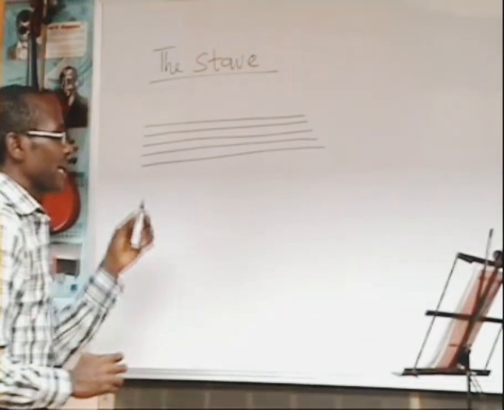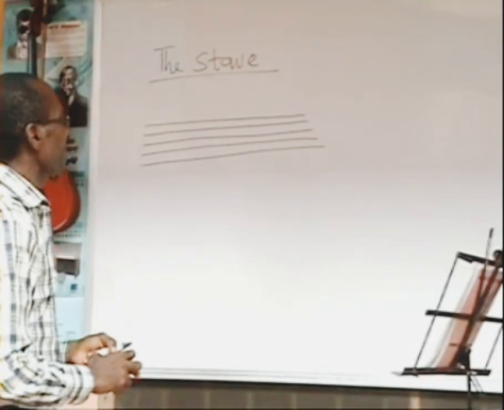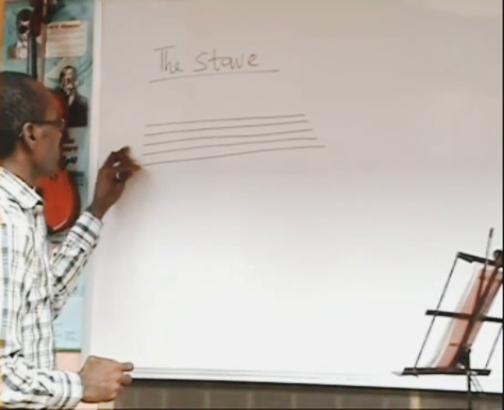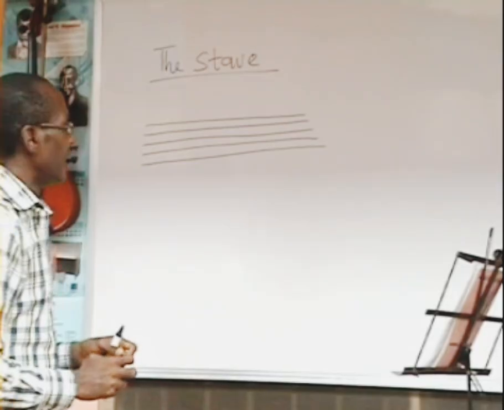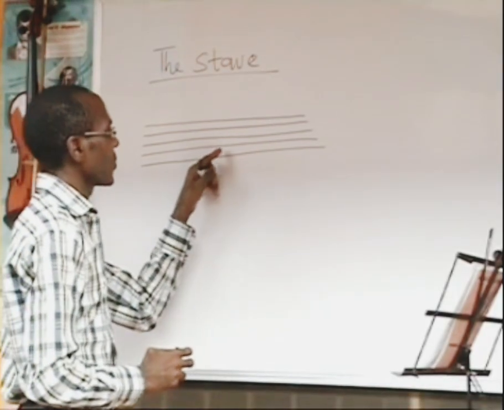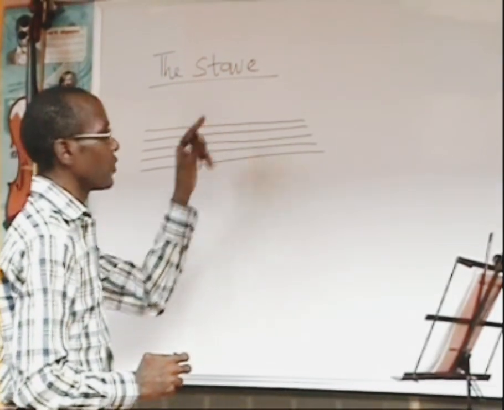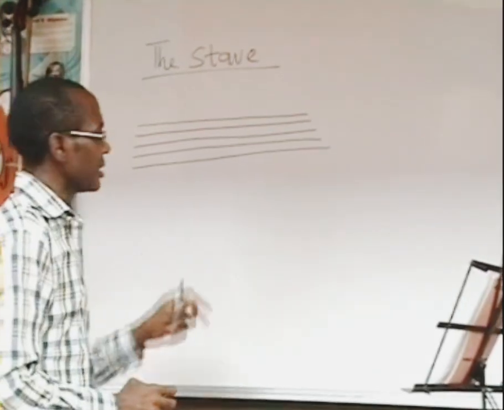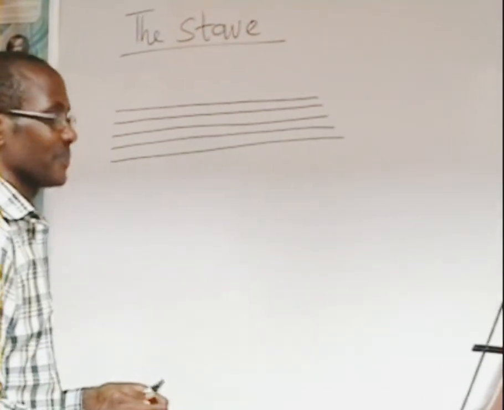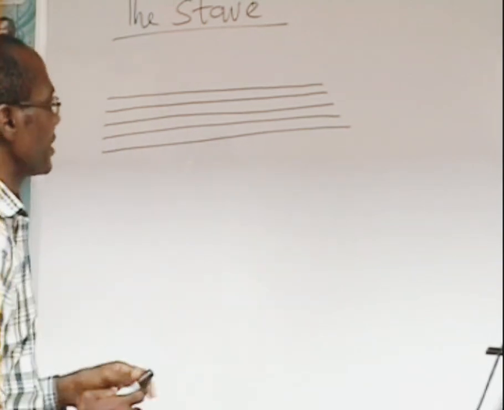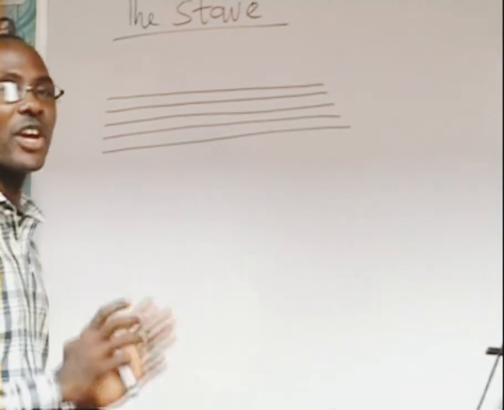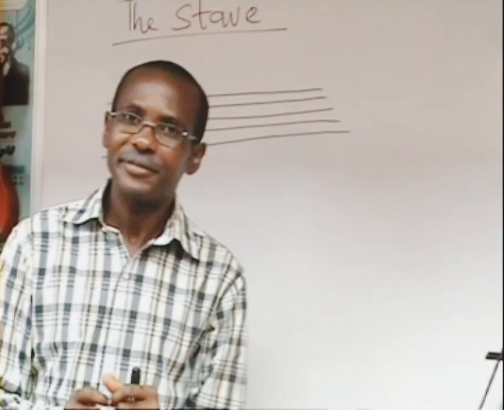As you're looking at it now, you have 1, 2, 3, 4, 5 lines, and you have 1, 2, 3, 4 spaces in between the 5 lines. These 5 lines and 4 spaces is what we call the stave.